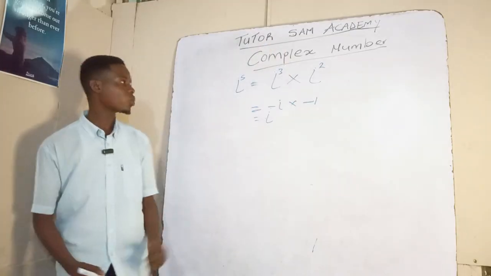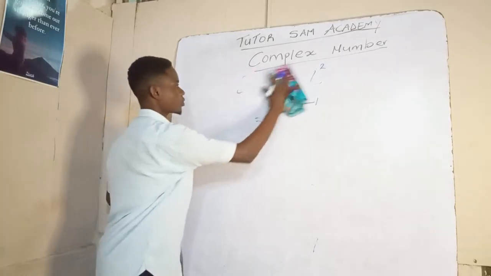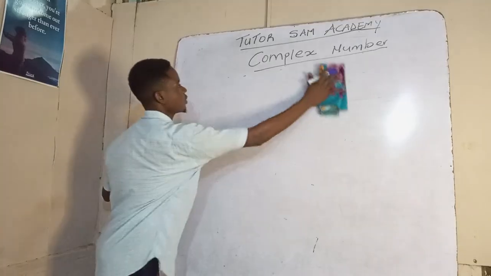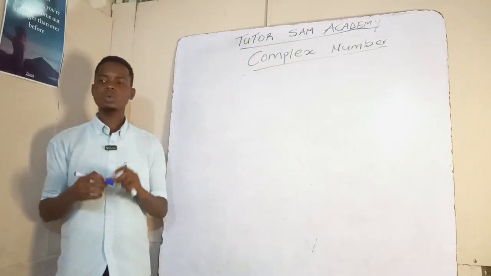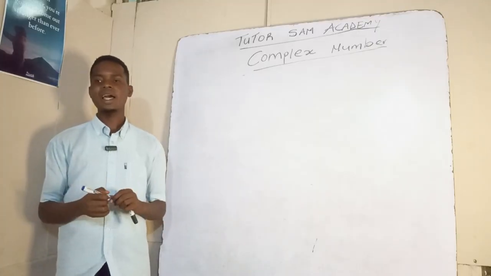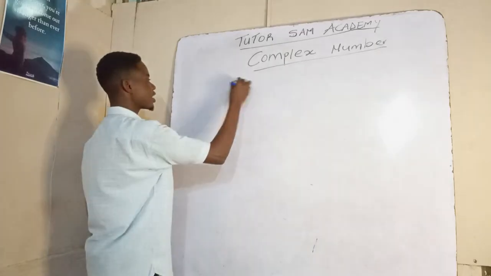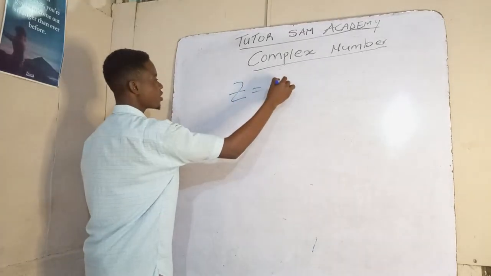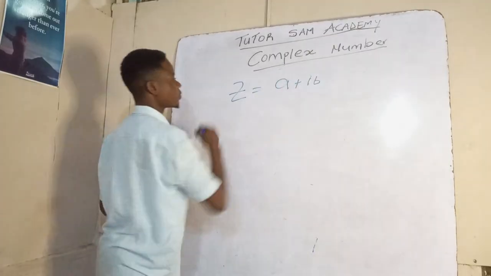Is that taken? So now, the last thing I'm going to do for today is this. I'm going to establish how to represent a complex number. Now, don't forget I said if this is a complex number, it's always in the form of what? a plus ib.